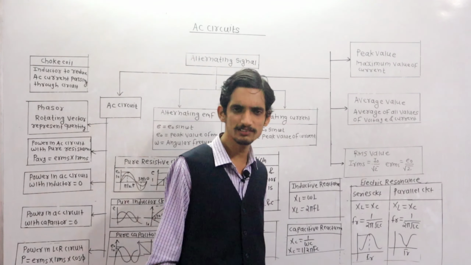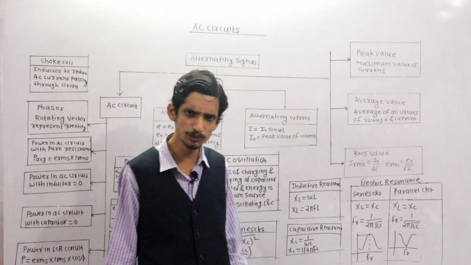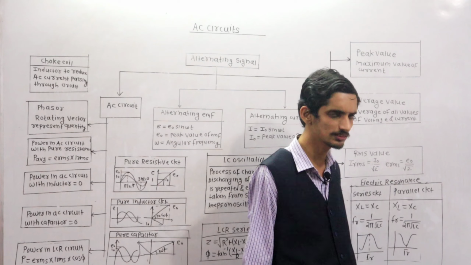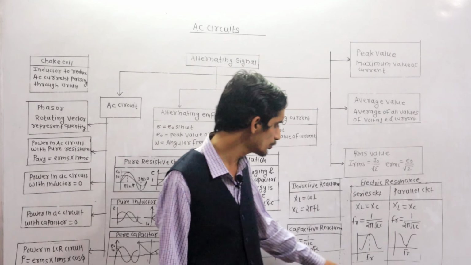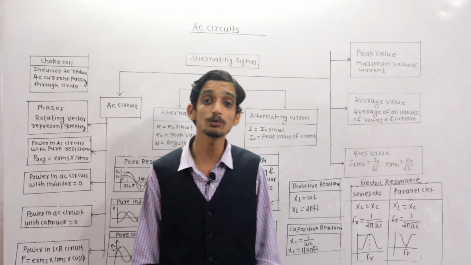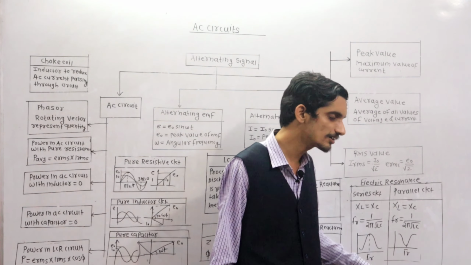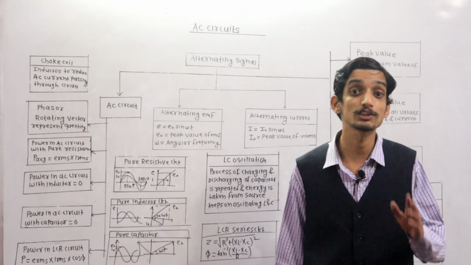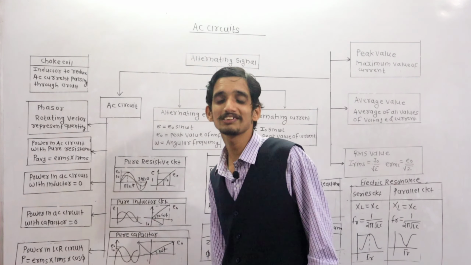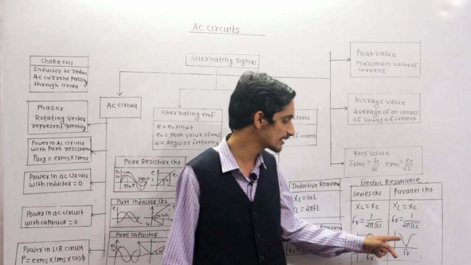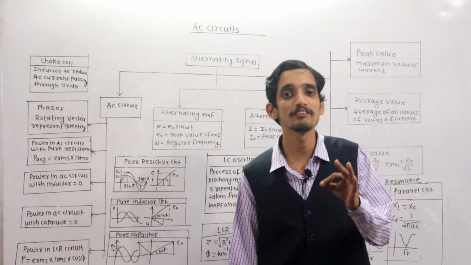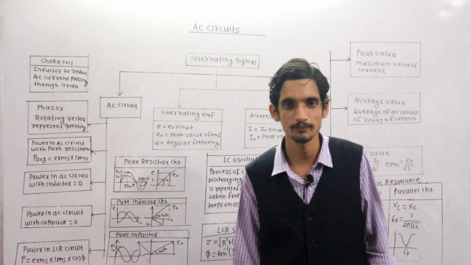In a parallel LCR circuit, at resonance, XL is equal to XC and f_R is equal to 1 upon 2 pi root LC. If you draw the graph of current versus frequency, the current reaches its minimum value at resonant frequency. That's why a series LCR circuit is called a frequency acceptor circuit and a parallel LCR circuit is called a frequency rejector circuit.